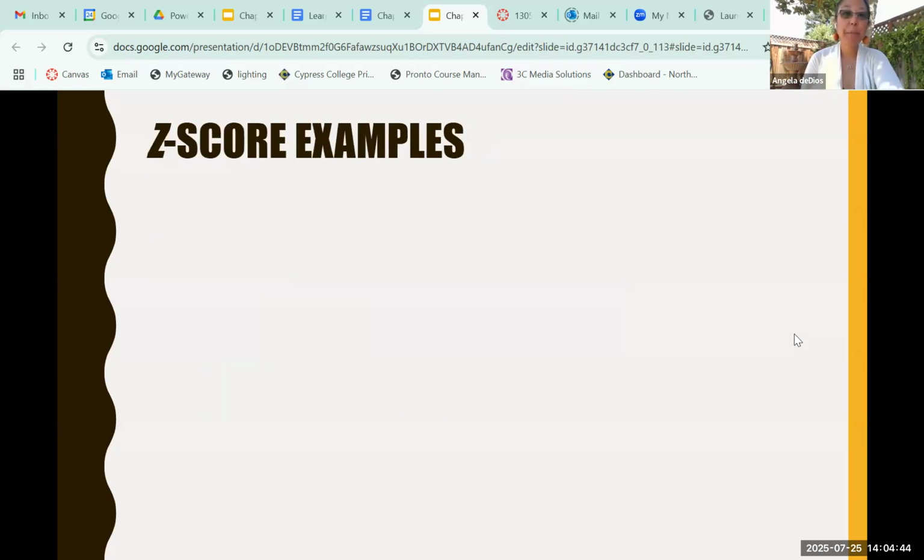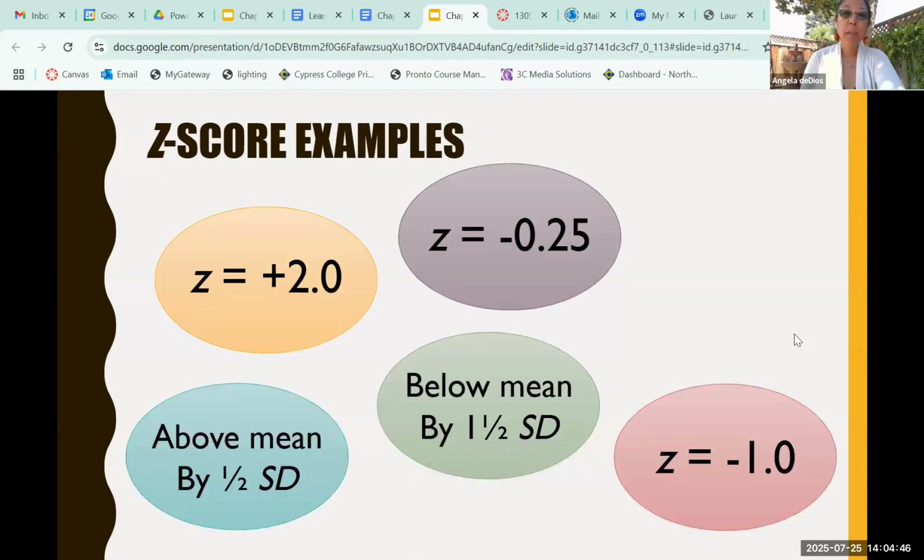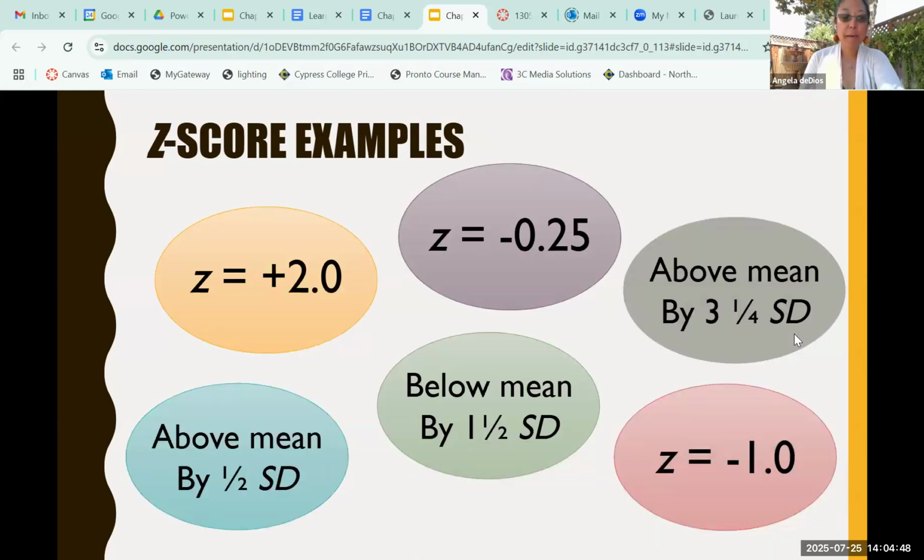I'm going to pop them all up on the screen, actually. And I want you to think about what each of these represent. Okay, so for the ones where I give you a z-score, I want you to describe for me where in the distribution it is. And for the ones that actually do have a description, I want you to give me what the z-score is. So I'm going to give you a second to think about that.